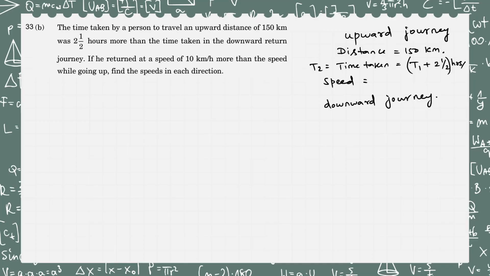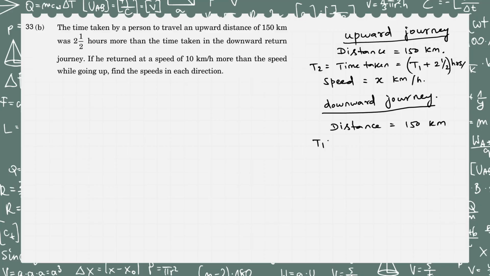They have given that in the downward journey he returned at a speed of 10 km per hour more than the speed in the upward journey. So if we take the speed in the upward journey as x kilometers per hour, let us see what will happen in the downward journey. Now what about the distance? The person has gone 150 kilometers and is coming back the same, right? So the distance will be the same, 150 kilometers.